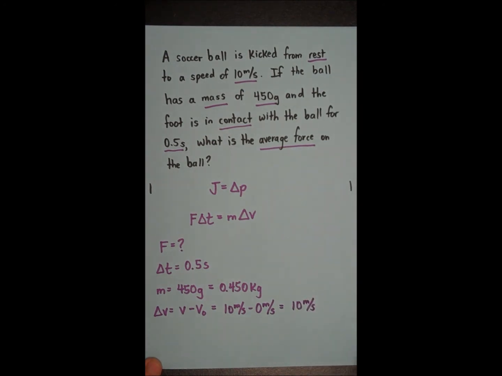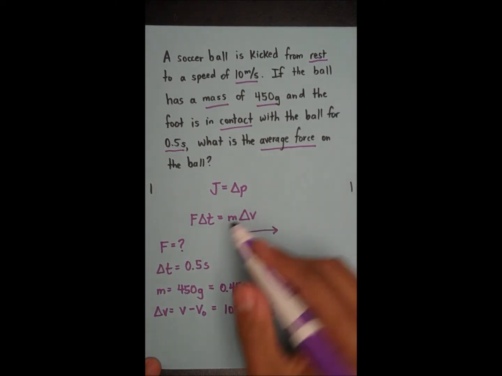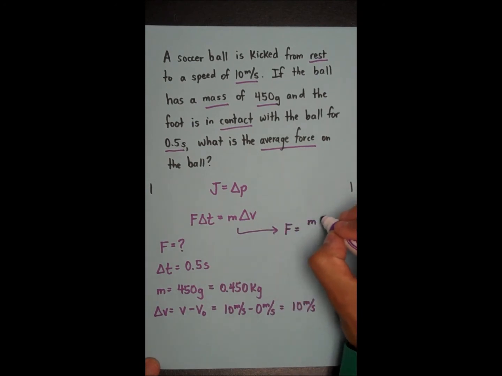And I'm asked to determine a force. Well, I know that I can rearrange this equation, divide both sides by delta t, and I'd get F equals m delta v over delta t.